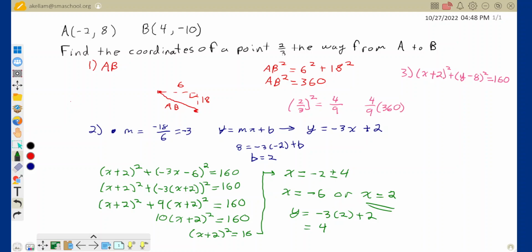The point that is 2/3 the way from A to B in this situation is the point 2, -4.